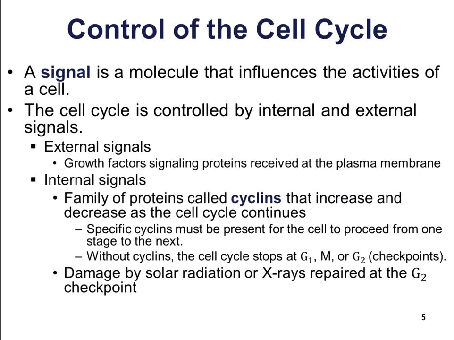And if something is detected to be incorrect or wrong, it will hopefully shut that cell down. Because we don't want any cells that are doing their own thing, right? We want them to be replicating correctly with the correct amount of chromosomes and the correct amount of proteins and whatnot.